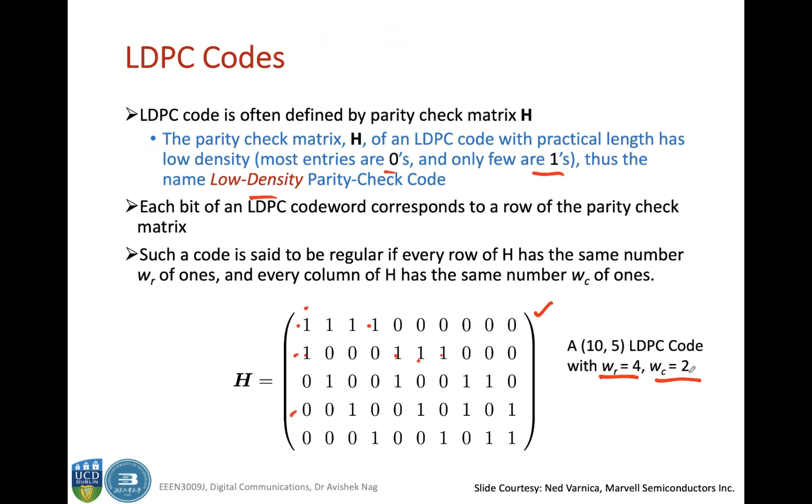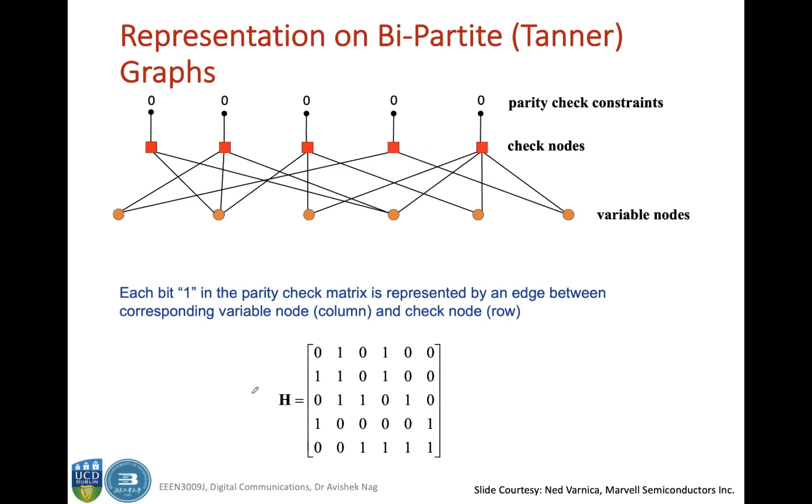The H matrix that you have for LDPC codes can be nicely represented by these types of graphs. These are bipartite graphs, which are sometimes called Tanner graphs. So let's take this example of an H matrix.